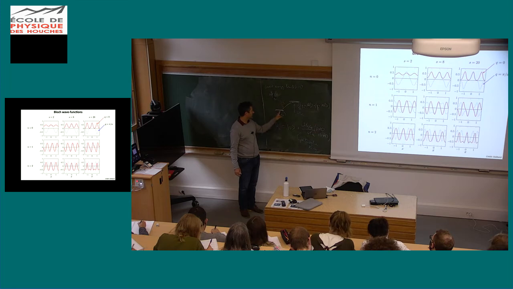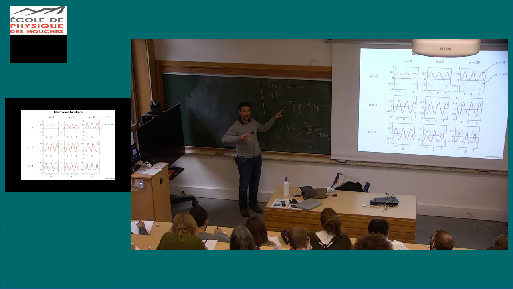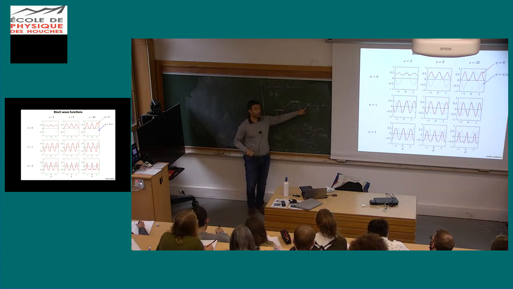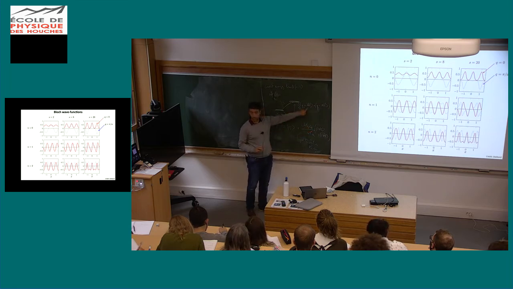What I want is to add a small admixture of this to the initial state, but I do not want a real change of the state from here to there. In perturbation theory, I just want to slowly add up this guy, but I don't want a real change of a state.